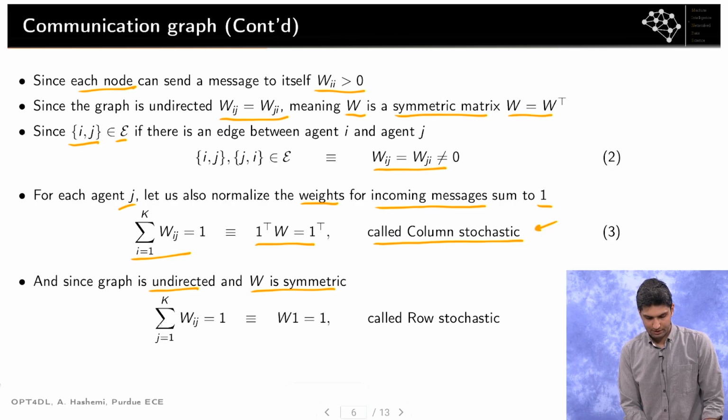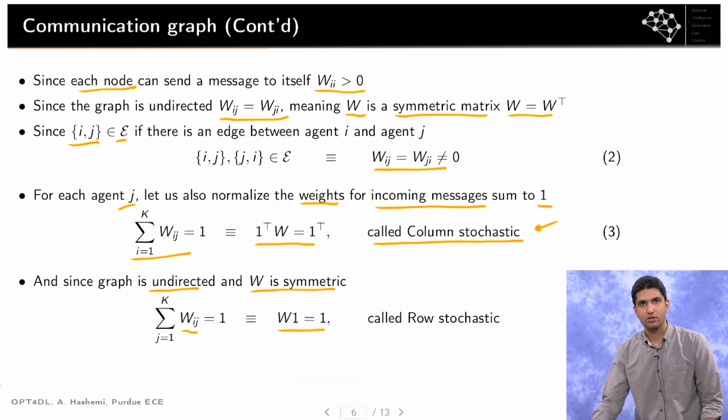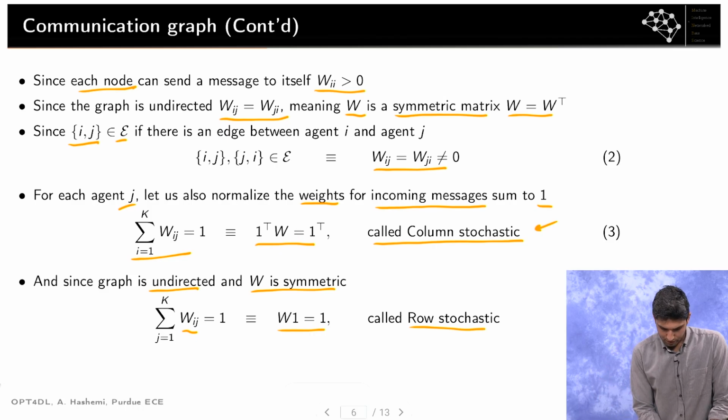So the sum of w_ij over j is also equal to 1. In matrix notation, that means W times 1 is equal to 1. And matrices that satisfy this condition are called row stochastic. So the first condition therefore means columns sum to 1.